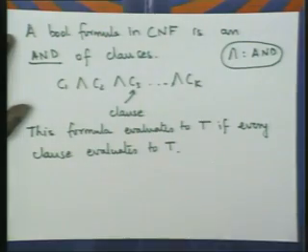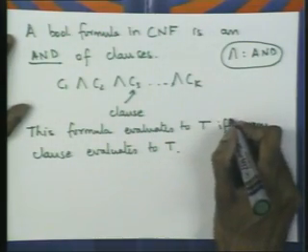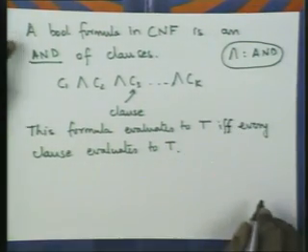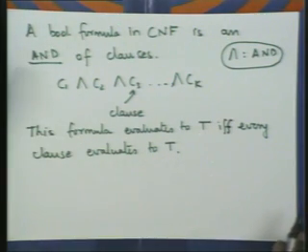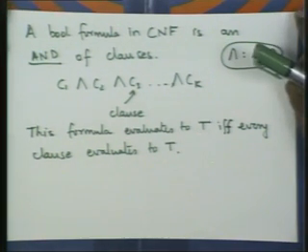Otherwise it evaluates to false. So maybe I can just write if and only if. This formula evaluates to true if and only if every clause evaluates to true. If any one of those clauses is false, then this formula evaluates to false.